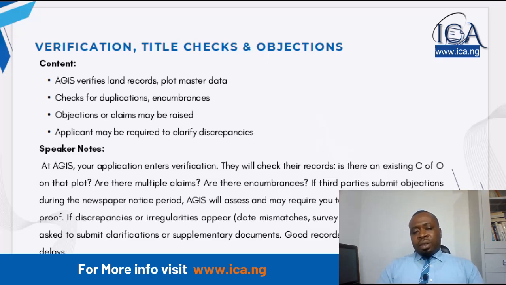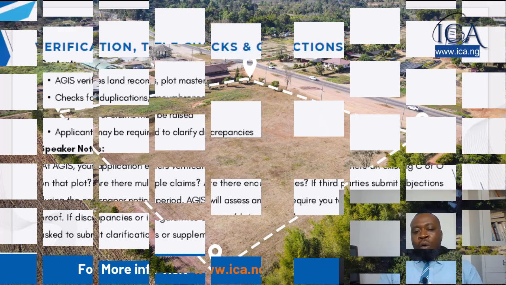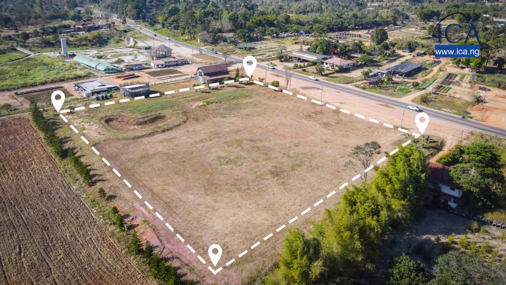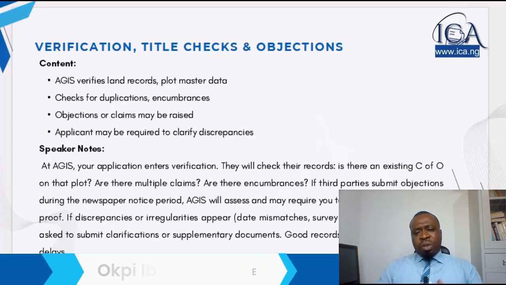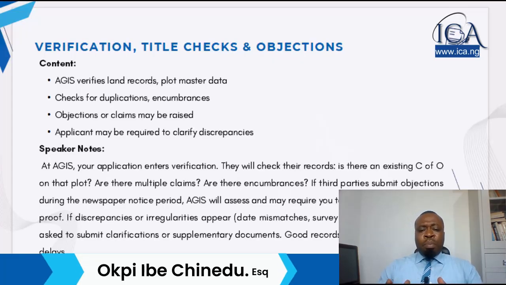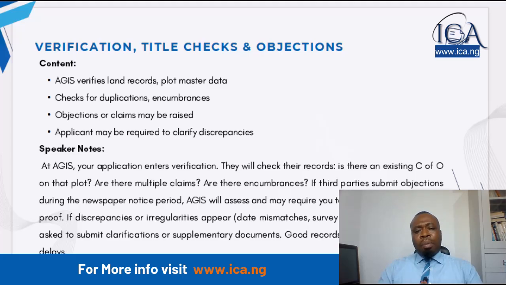At AGIS, your application enters verification. They will check their records to see if there is an existing C of O on that particular plot of land that you are laying claim to. They will also check whether there are multiple claims to that particular plot.